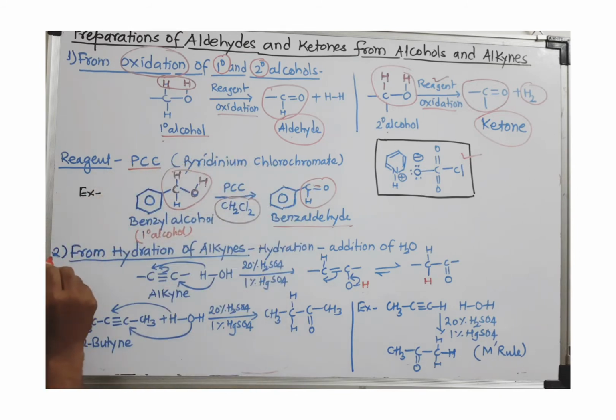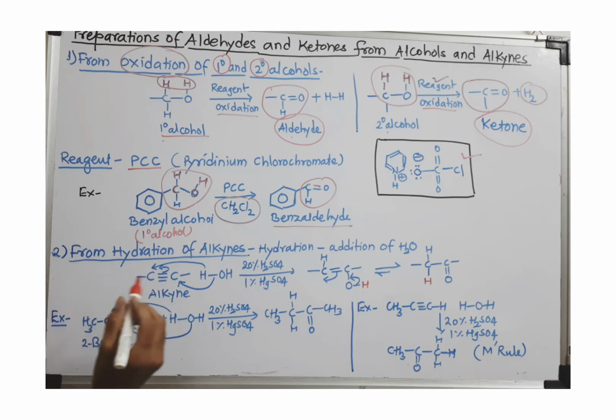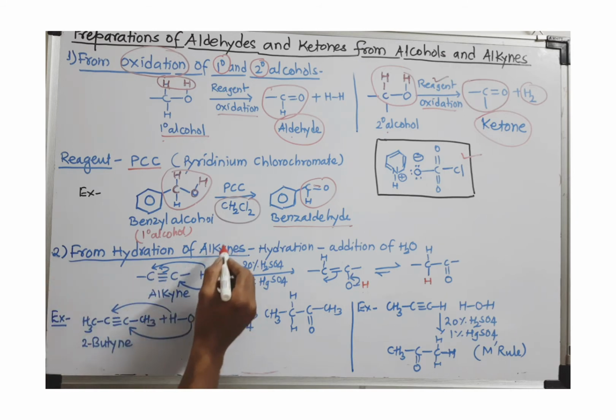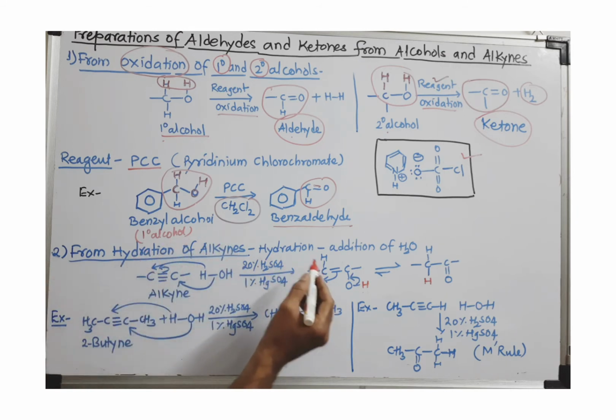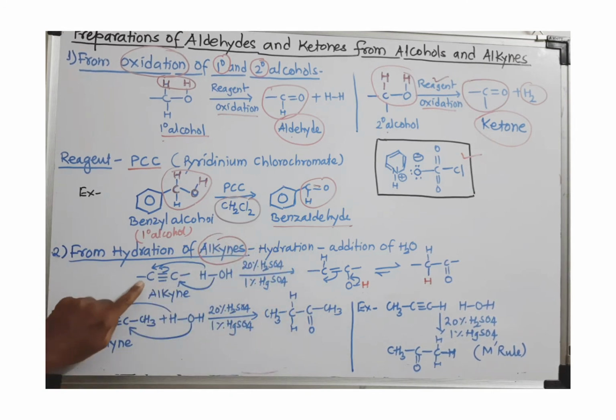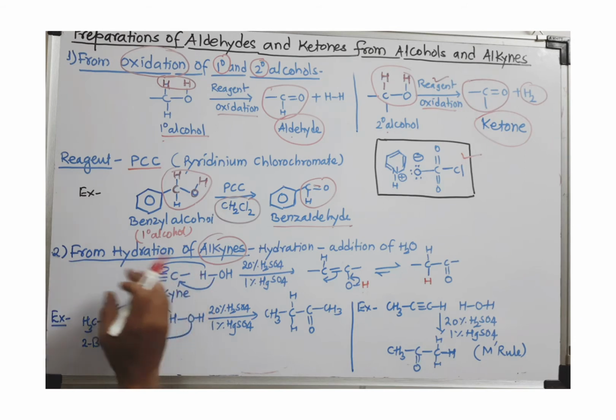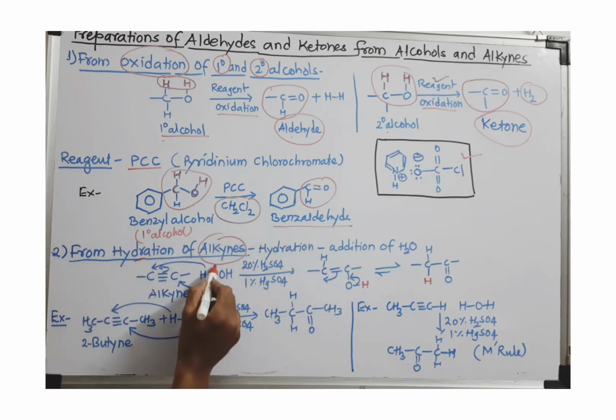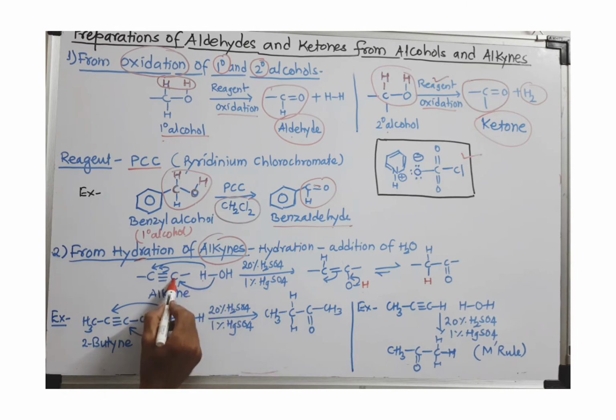Now we are discussing the second preparation, that is preparation of aldehyde and ketone from alkynes. Alkynes means triple bond. So you focus on the triple bond, whatever structure is given, and hydration is nothing but the addition of water. You have to add hydrogen at one carbon and OH at another carbon, and you have to join hydrogen by using one pi bond.